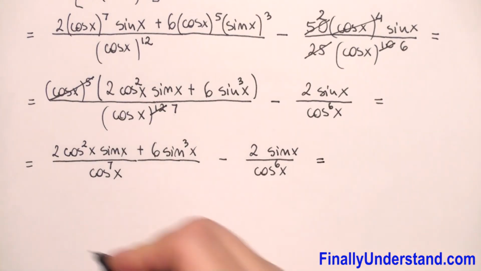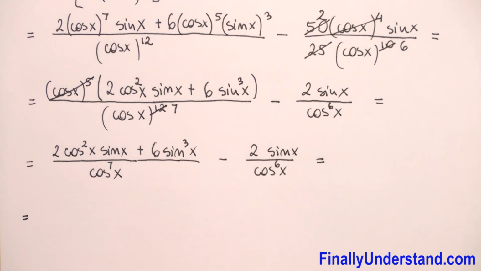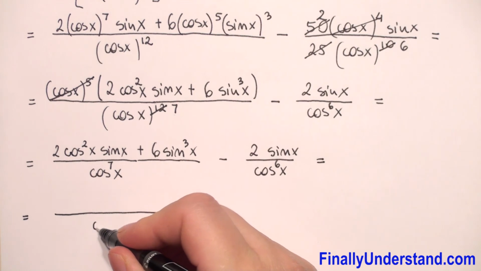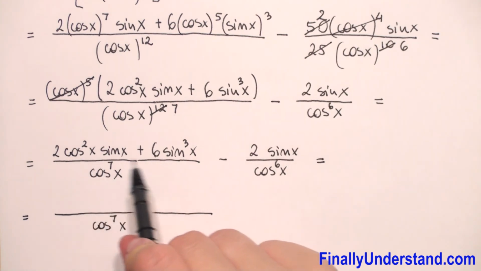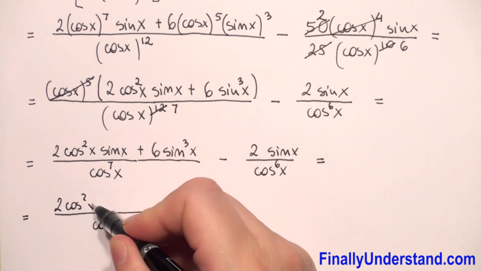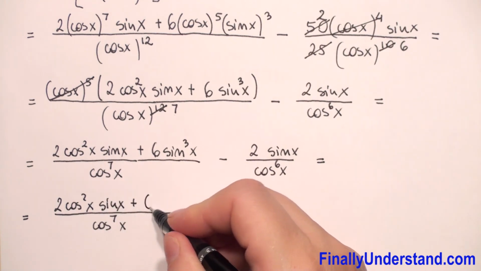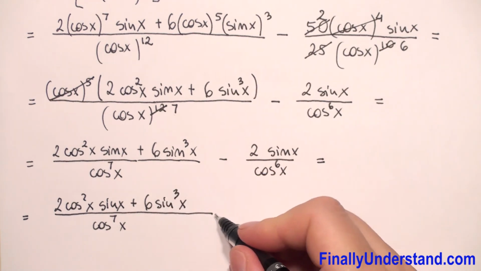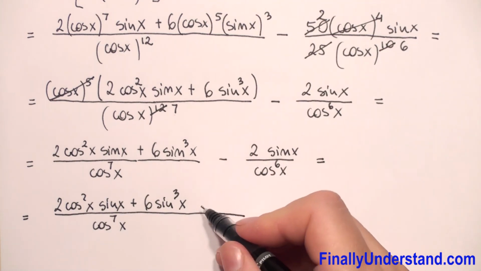This is equal. The common denominator will be cosine to 7th power and we have to copy the first numerator, 2 cosine square x sine x plus 6 sine cube x, and now we have to multiply the numerator by cosine x.